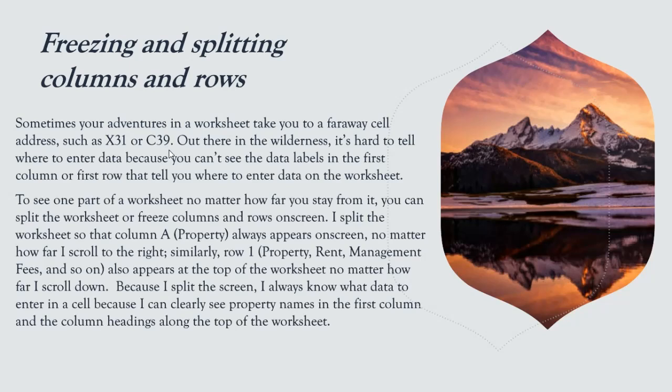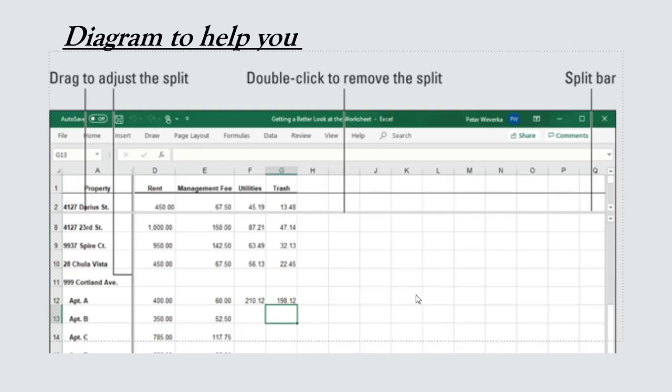So you are very far from your headings. Then freezing is really a good idea. You can always freeze your heading, which is mostly the first row and the first column of your worksheet. When you are moving away, those frozen columns and rows will always help you. So let's have a look.